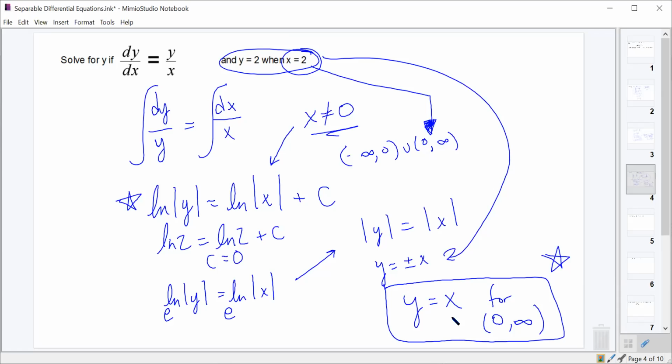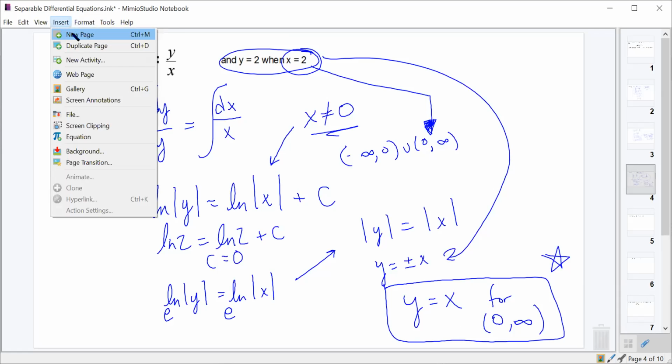So if you were to implicitly differentiate y equals x, you could get dy over dx equals y over x? Yes, you should. I mean, if you take the derivative of y equals x, what do you get? You get dy dx equals 1, right? Well, let me give us another page here.